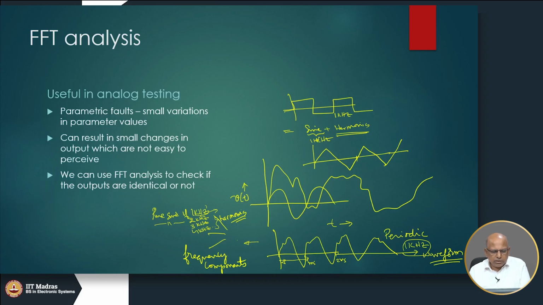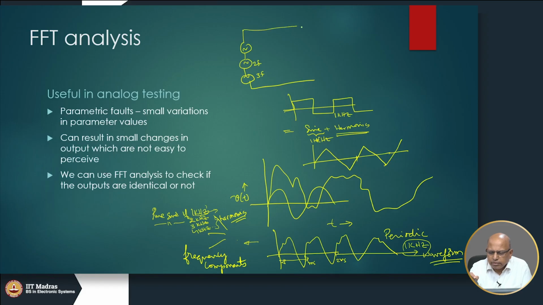And that is a property that is useful in analog testing. So, basically we have replaced it with a sum of various pure sines, maybe twice the frequency, 3 times the frequency, etc.